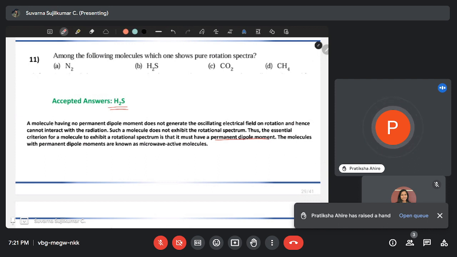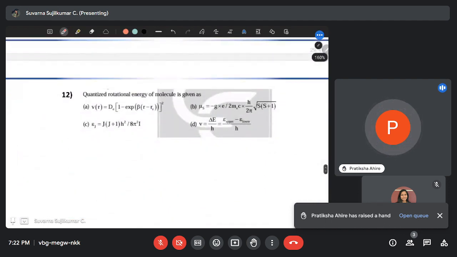Molecules with permanent dipole moments are known as microwave active molecules. So here H2S is the answer. It has a bent shape, so its resultant dipole moment won't cancel. Clear? Okay, thank you.